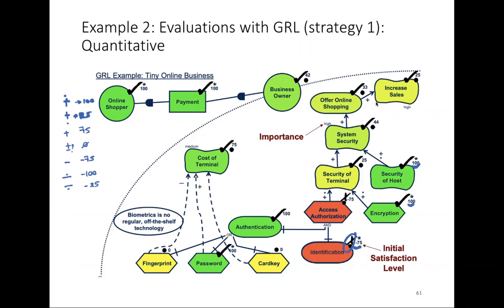We normally use a yellow color to identify a 0 value, whether it's a level of satisfaction or even a contribution level. So you can see here initially given in this graph, the password is 100% satisfied. The identification is weakly denied by a value of negative 75. The encryption is given with a value of 100%.